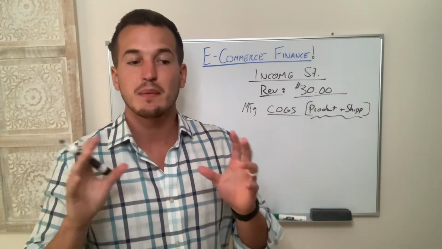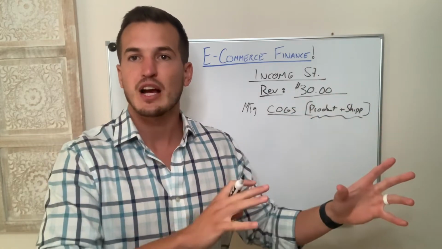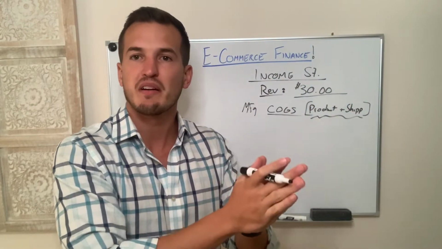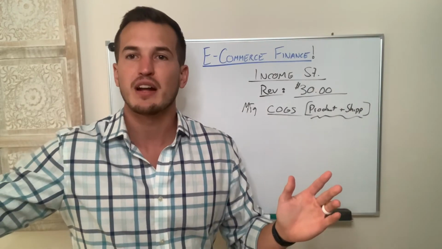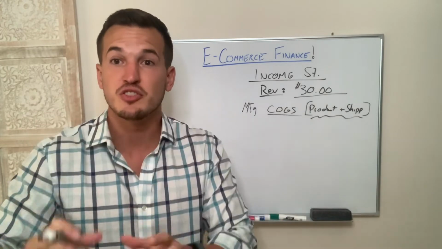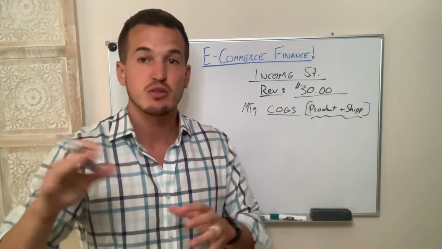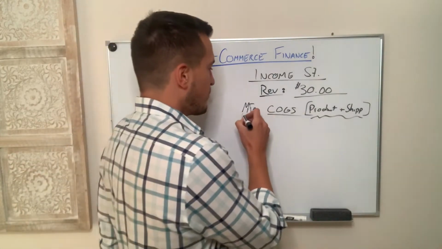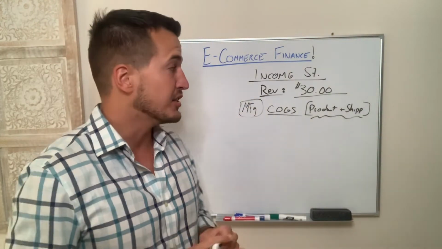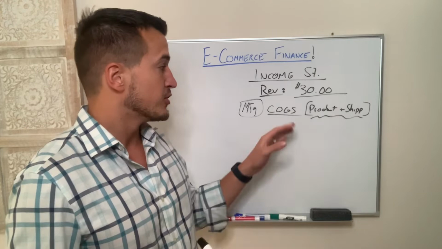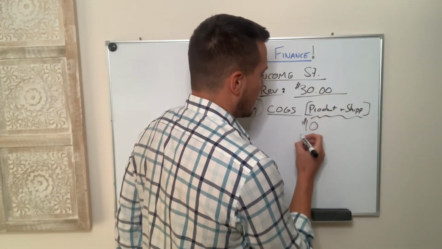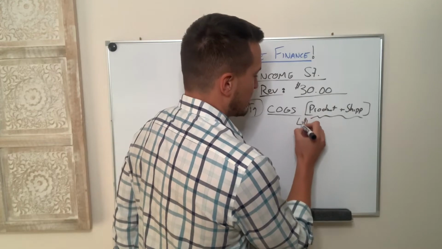And DDP means that essentially the manufacturer is responsible from the moment that product leaves the warehouse until it lands at your final destination, through customs, from land to sea to back to land if you're going to America. So really working with your manufacturer to lower your COGS is extremely important. So let's say after you did all that math, your COGS was around $10.